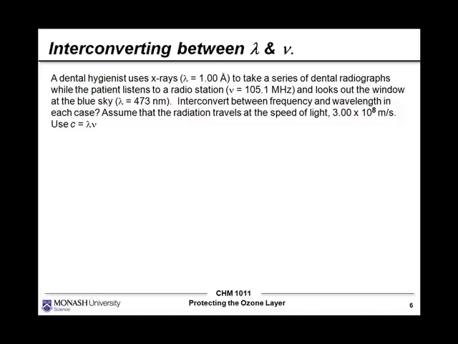In the second part of the question, we're actually given a frequency. First thing we have to do is convert this frequency to SI units. So that's either seconds to the -1 or hertz. Our frequency has actually been given in megahertz.